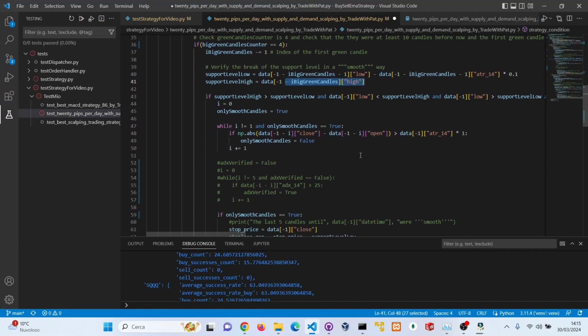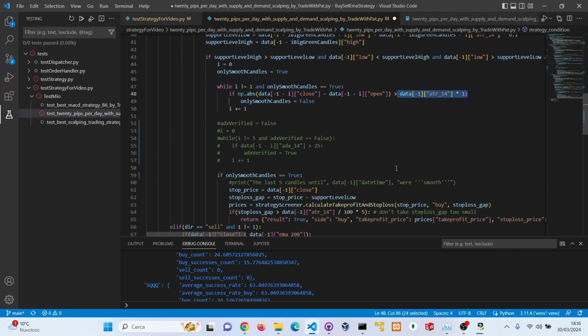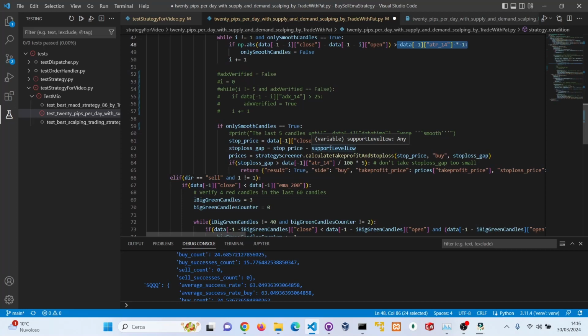Then I check that the support level high is broken in a smooth way. So basically, the last candle should break the support level high, and the difference between close and open should not be greater than the ATR. I set the stop price, because I will use a limit order, to the last close, and the stop loss gap is the difference between the last close and the support level low.